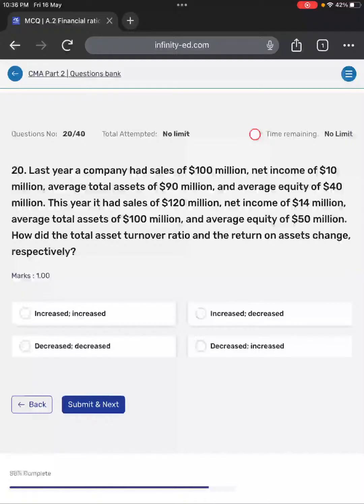Now let's analyze the question. Last year sales were 100 million, income 10 million, and 90 million of average total assets.